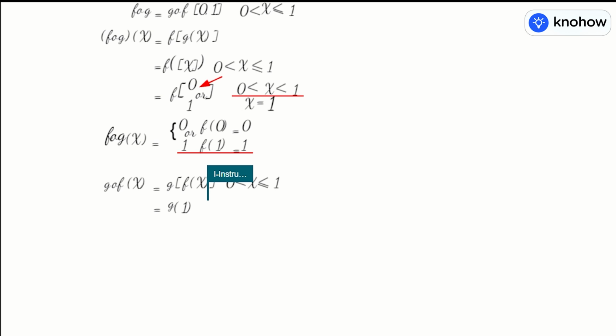g(1) means the value of the greatest integer function at 1. You know, when x is greater than or equal to 1 but less than 2, the greatest integer function is 1. So it is 1. So what do you find?